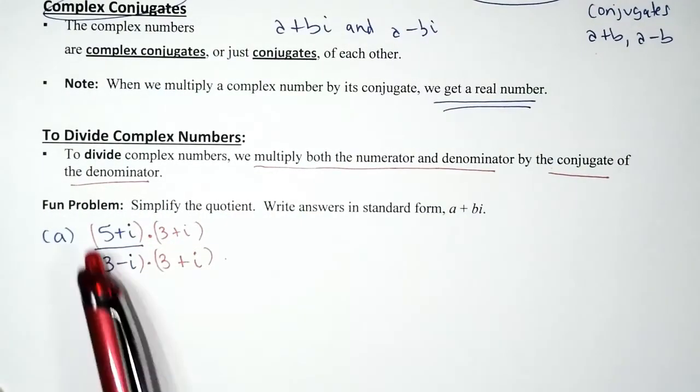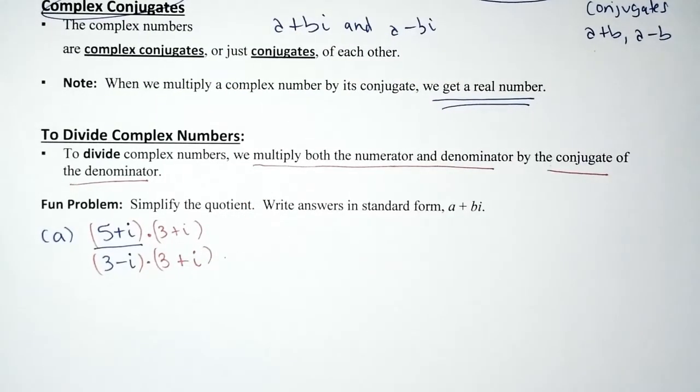Now we have to simplify the product. It doesn't really matter which one you do first, but I want to make sure the i is gone from the bottom, so I will always attack the denominator first. Depending on how comfortable you are, you can take the shortcut: the product of conjugates gives us a difference of squares.